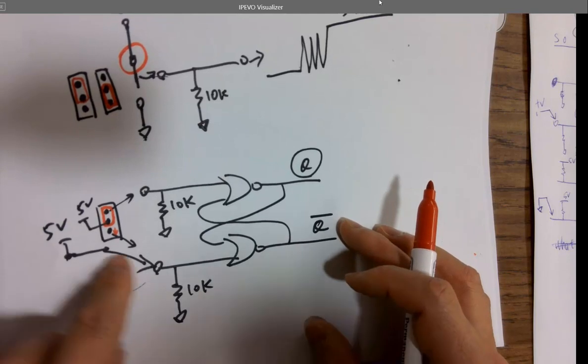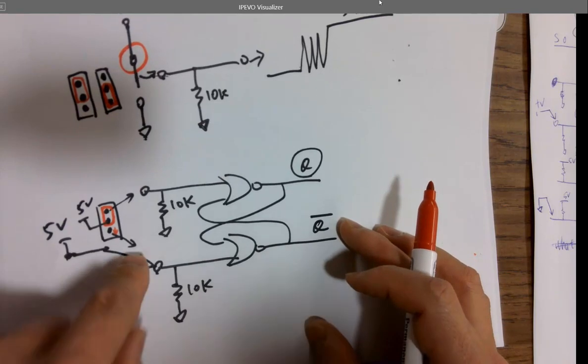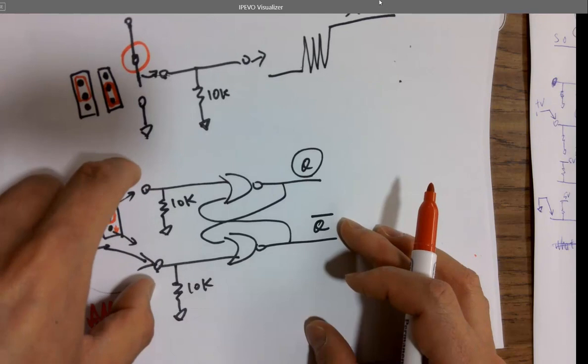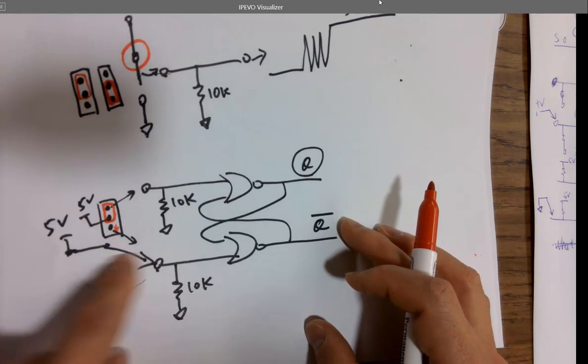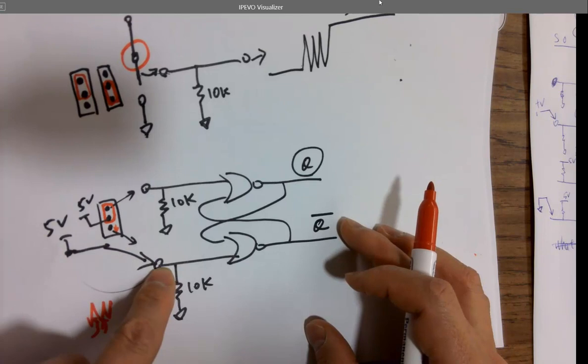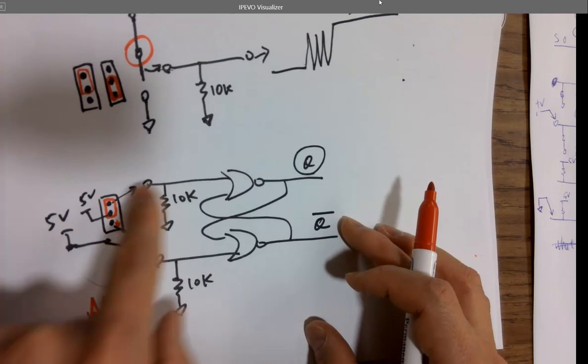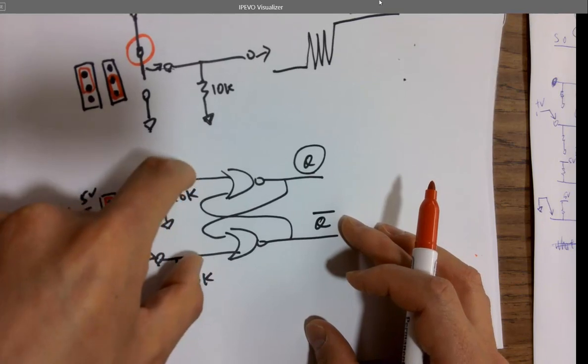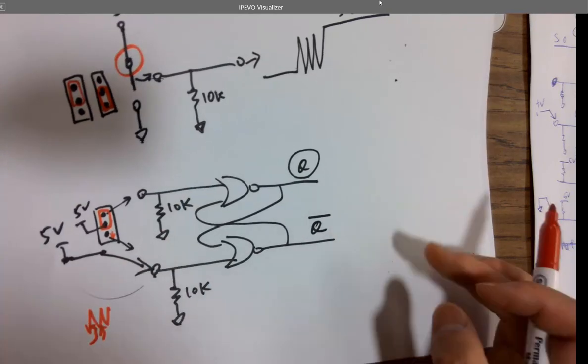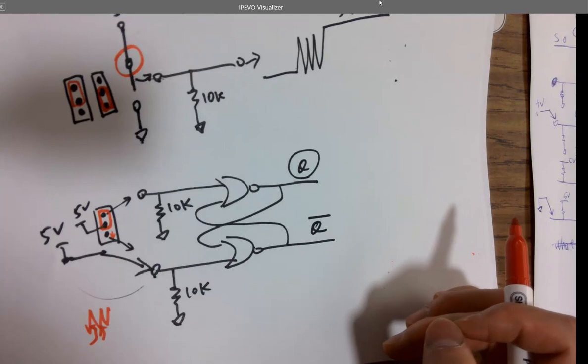But if you think about this connection, are you getting 1, 1 at the same time? Is that possible? No. Either this one will be shorted to 5 volts or that one, giving you either 1, 0 or 0, 1 for the inputs. Does that make sense? This is going to debounce your switch.